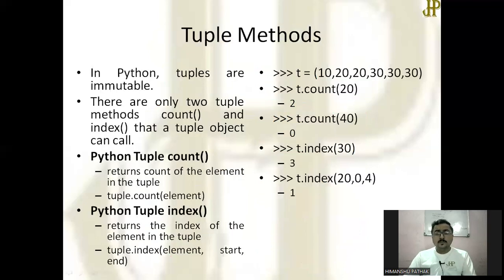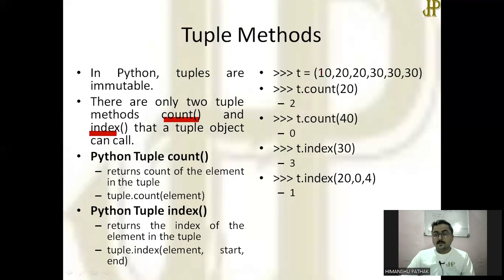Again, I'm going to discuss some methods of tuple. We learned a lot of methods in list, but in tuples, as we know that it is immutable, there are not a lot of methods available. There are only two methods, that is count and index. As the name suggests, count returns the number of occurrences of an element in the tuple.